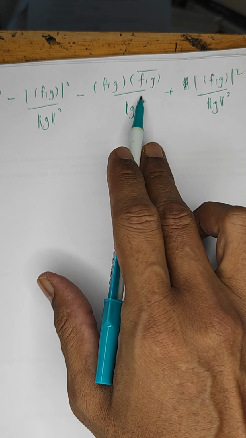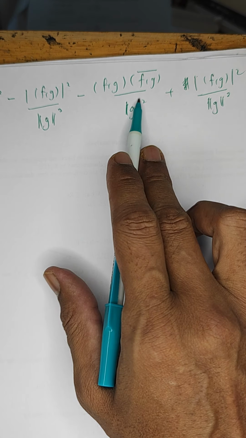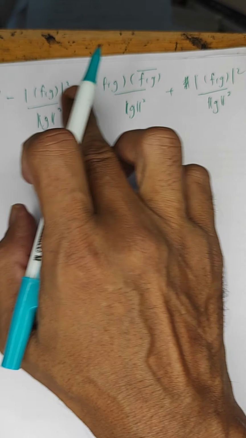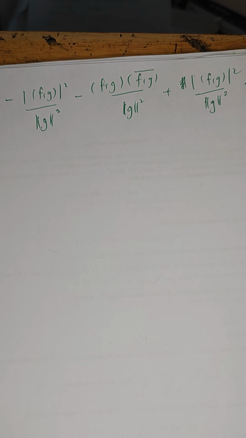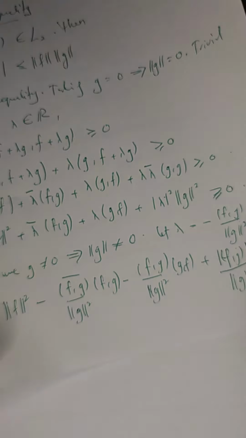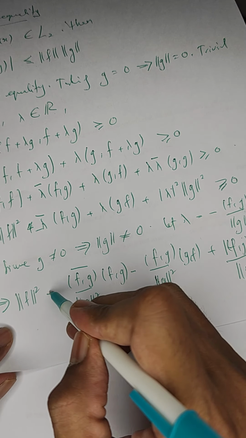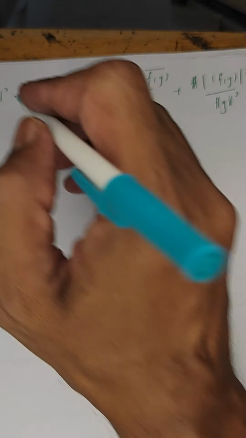Let me check. The conjugate part should be negative here, then here should be positive, then we have positive there. So this cancels out.